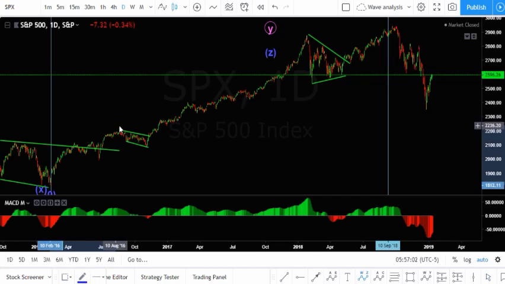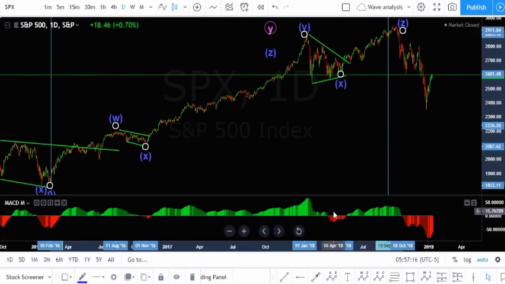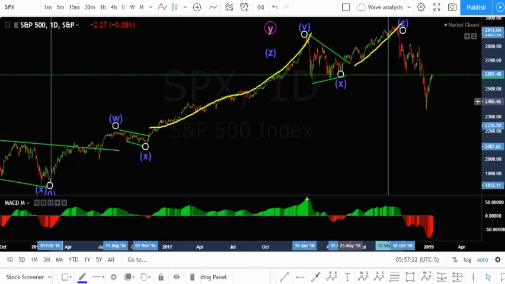So now we can grab our WXY. We go WXYXZ. Also, one thing you will notice, guys, is when you get a WXY, between your Y impulse and your Z impulse, a lot of the times you will get divergence.